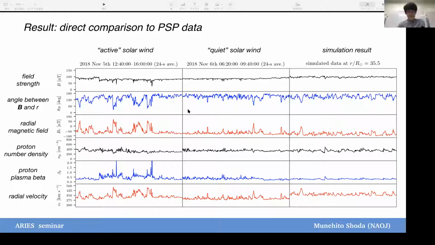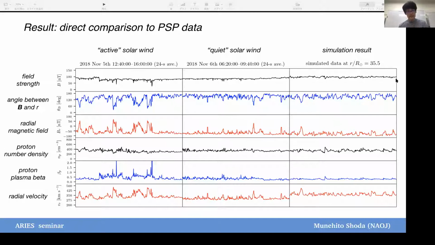So that's a difficult question. The most important factor of the solar wind is that the total magnetic field is nearly constant. In the quiet solar wind, you observe a constant magnetic field strength, and in the simulation we have also reproduced a constant magnetic field strength.